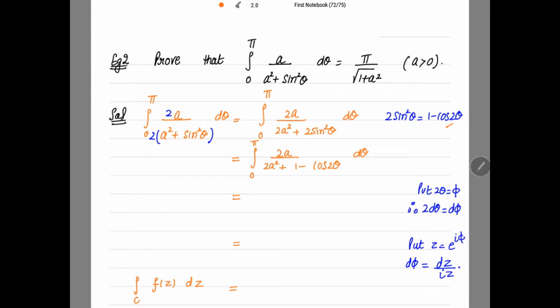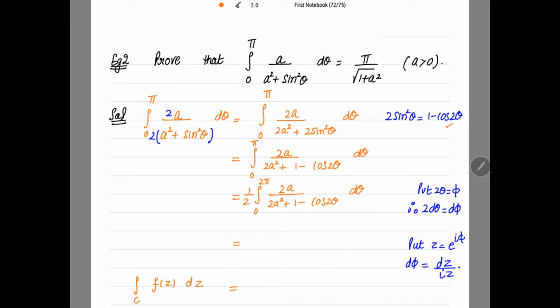Whenever I am having from 0 to pi in the limits, I have to take this as 0 to 2 pi by dividing by 2 or multiplying by 2. Of course, by dividing by 2. And this is 2a over 2a square plus 1 minus cos of 2 theta d theta.